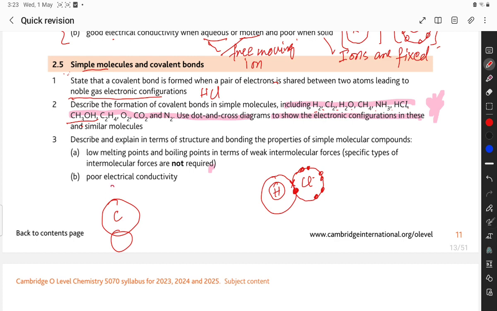Don't draw like this, because the examiner is expecting that you draw like this. This is hydrogen, this is hydrogen, CH3OH, this is oxygen, and this is hydrogen.